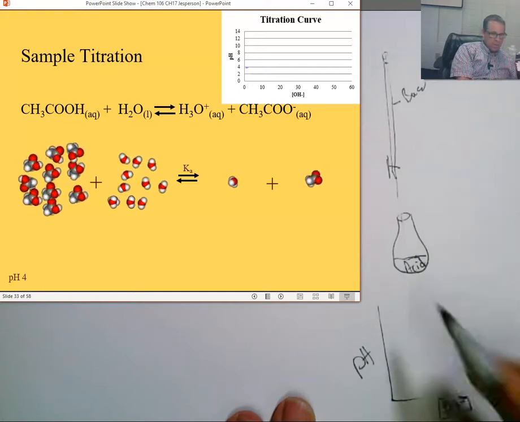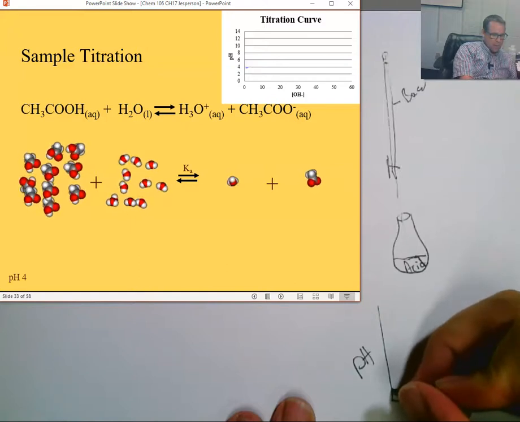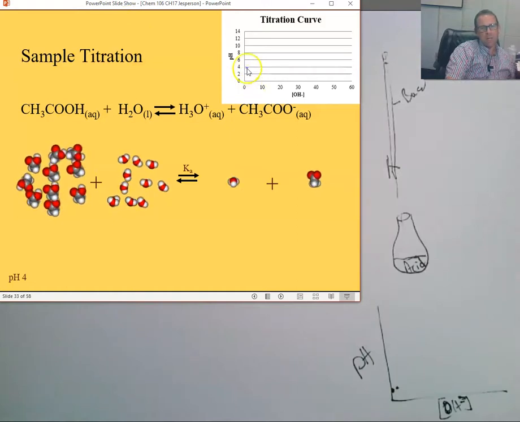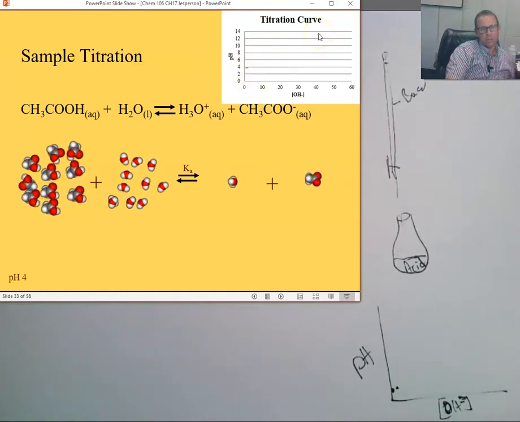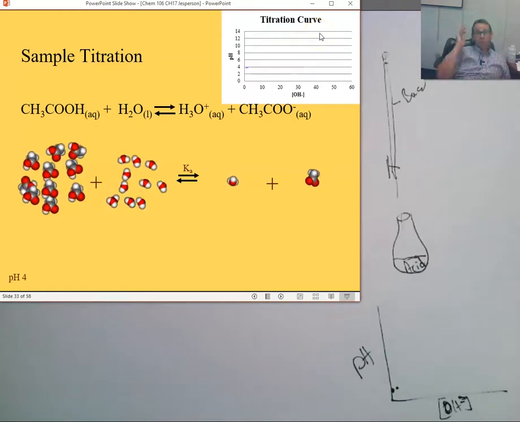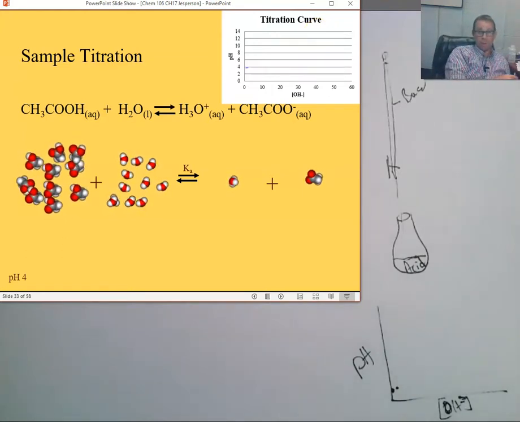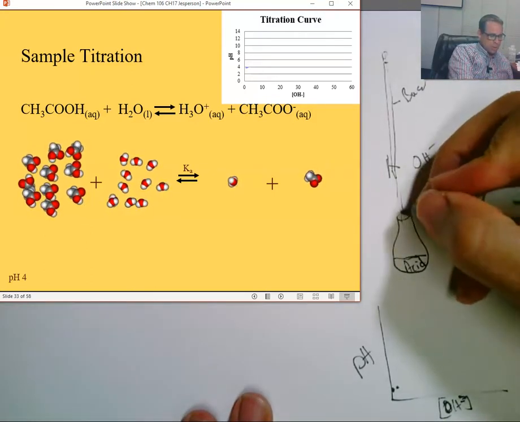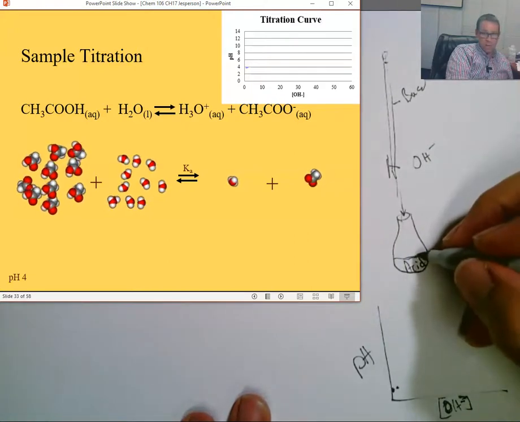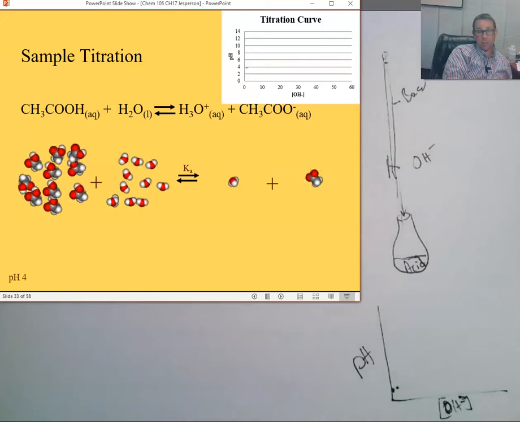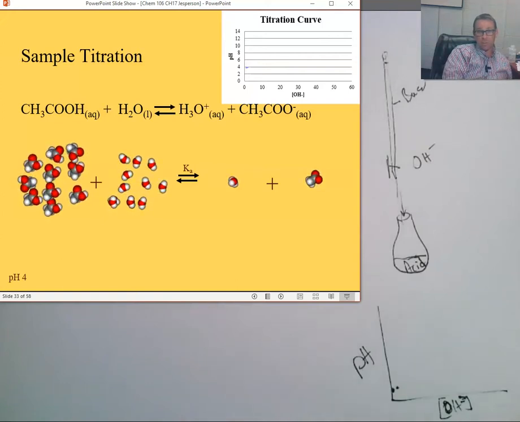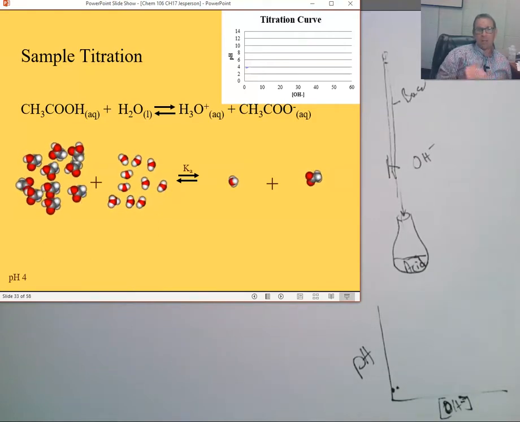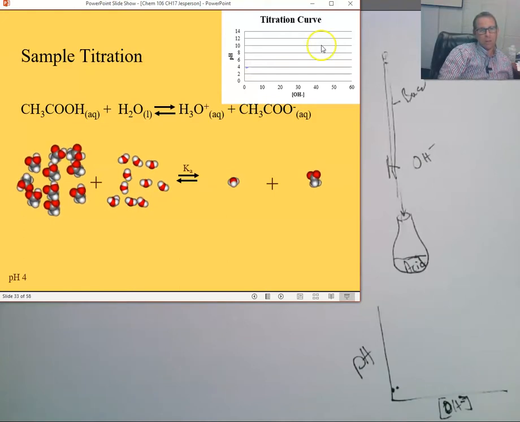So it starts off acidic, low, and as I add base, we might expect the hydrogen ion concentration to go down and the pH to go up. Because again, I'm adding base, hydroxide ion. Each drop of hydroxide ion that I add consumes a hydrogen ion, reducing the number of hydrogen ions, increasing the amount of hydroxide ion, increasing the pH, right?